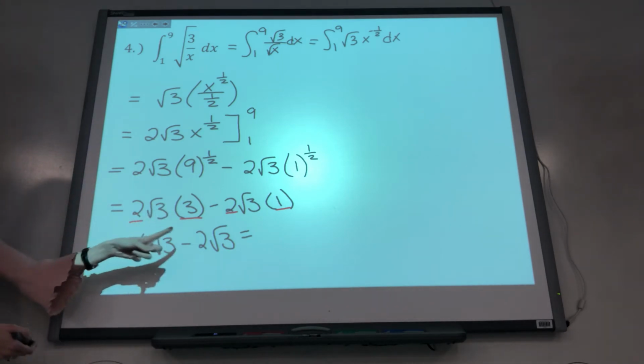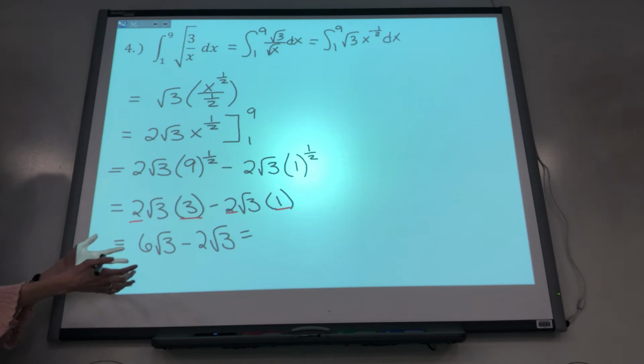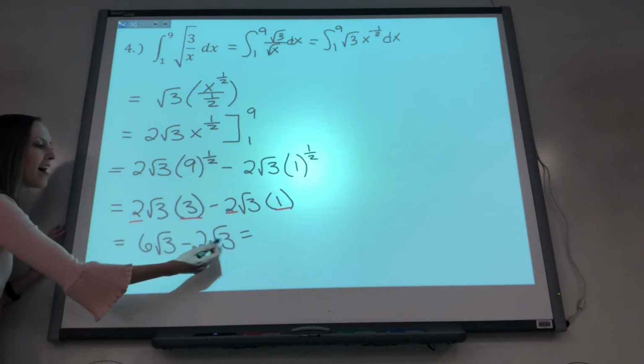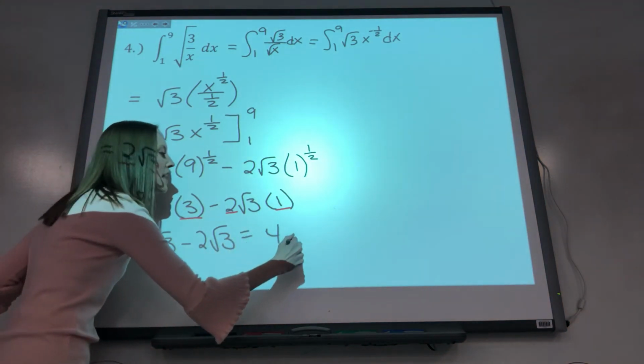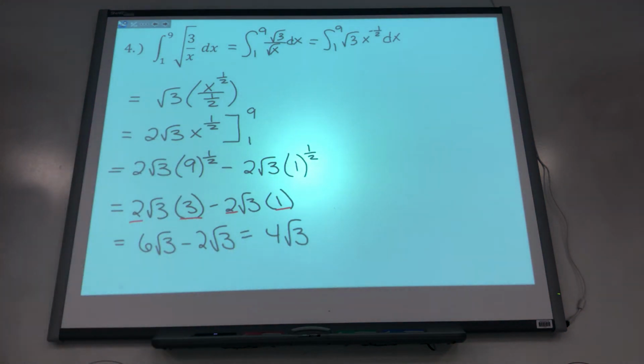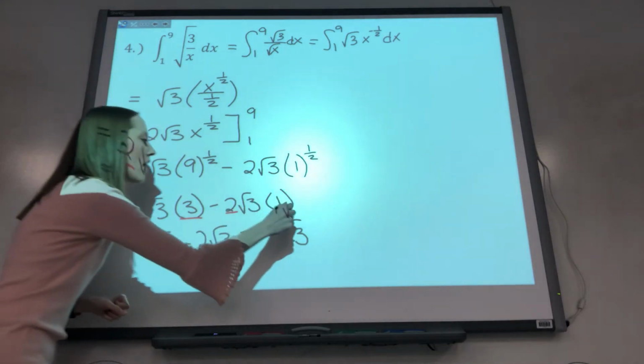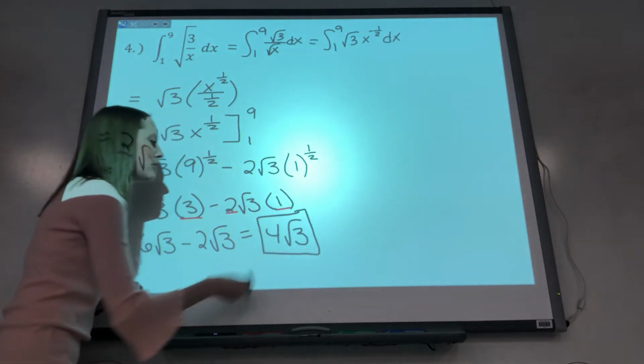And it's been a while since we've subtracted radical expressions, but it's kind of like having like terms. They both have a radical 3, so you leave the radical 3 alone and just subtract the numbers out front. A decimal wouldn't be totally wrong on that one, but it is kind of nice to keep it exact if possible.